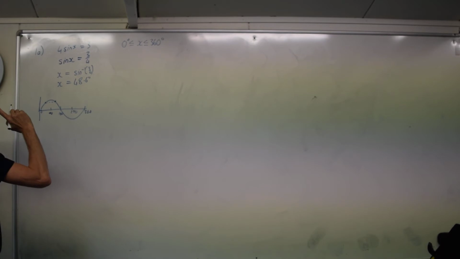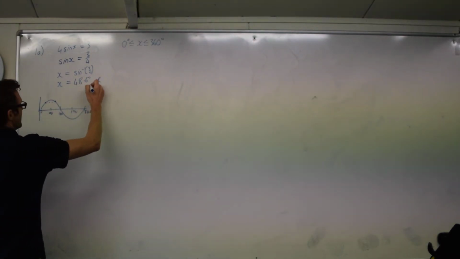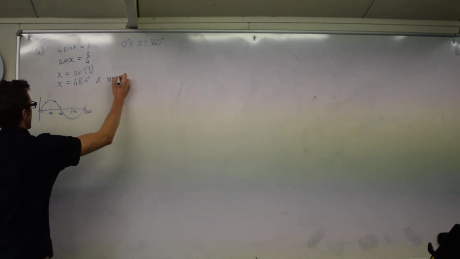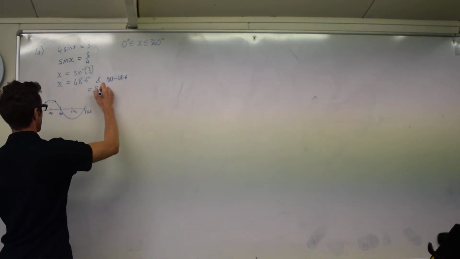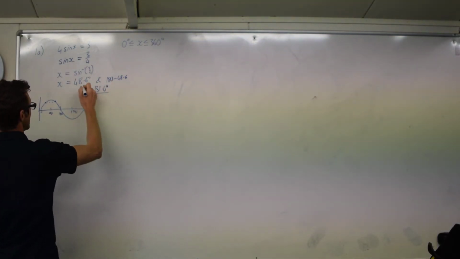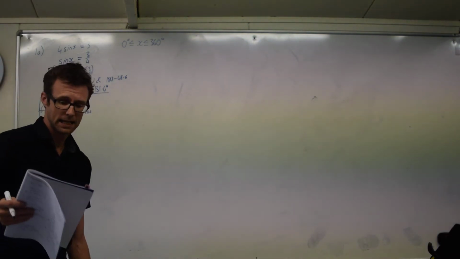So you're going to go 180 minus 48.6. So that is equal to 131.4 degrees. So those are our two answers to the first question. That's 1a. Let's have a look at now 1d.